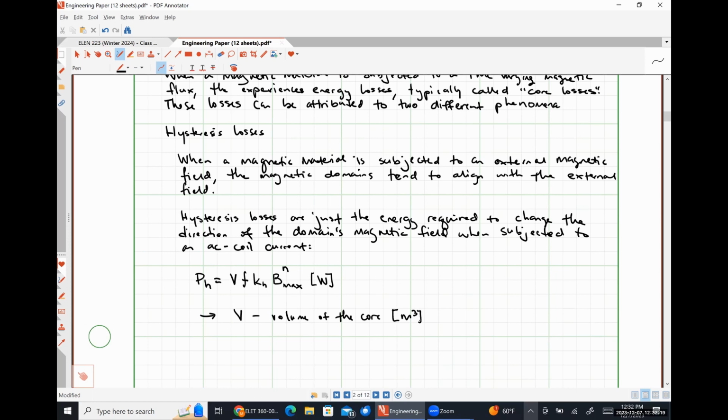So effectively, the more material we are magnetizing, the more losses we experience.